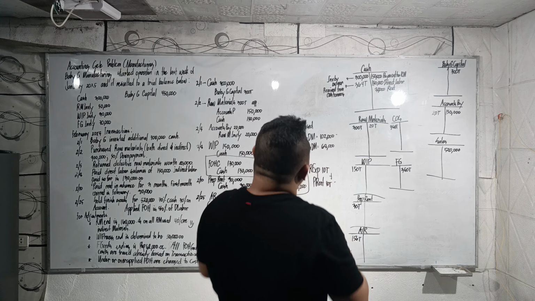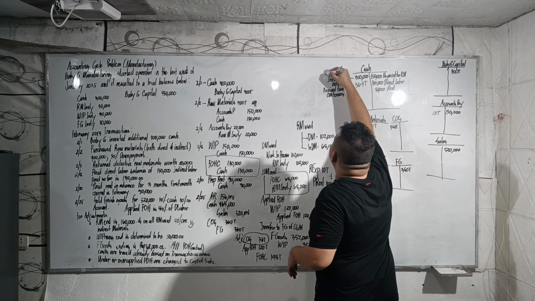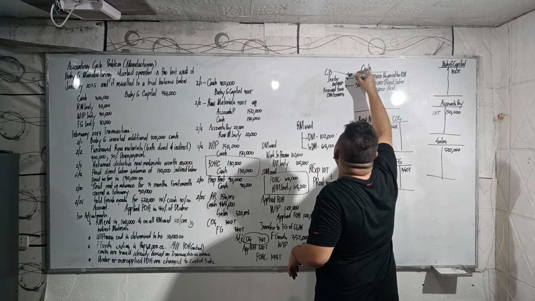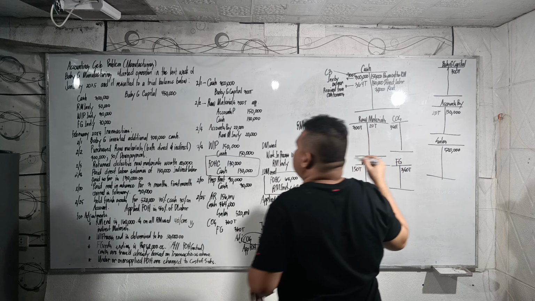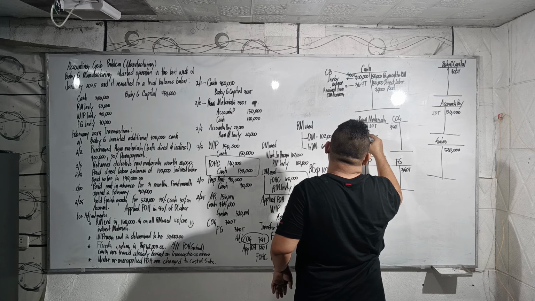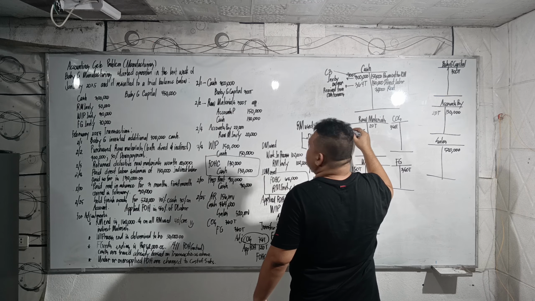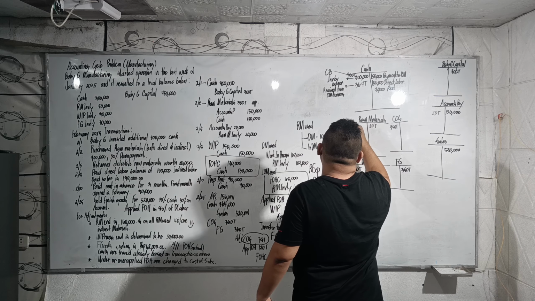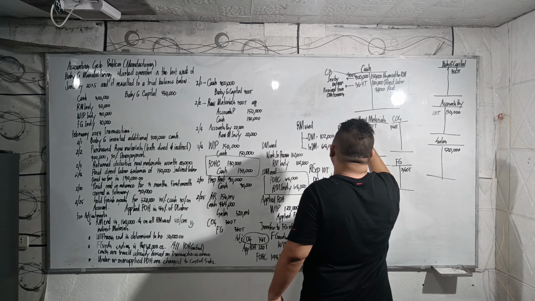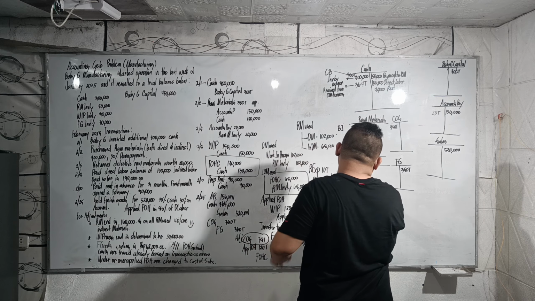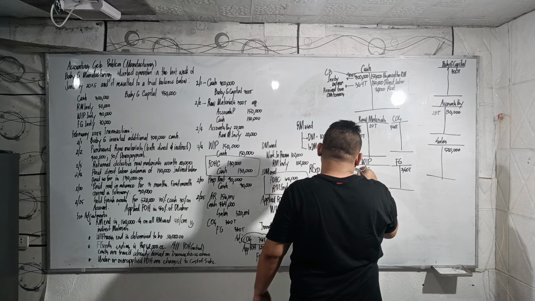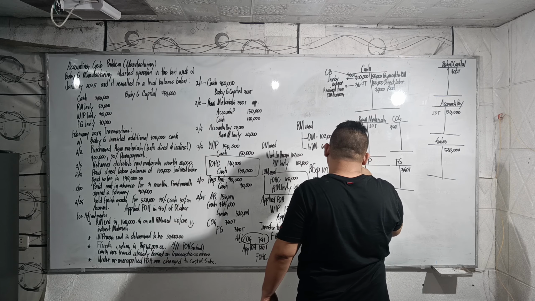Okay? Let's post that. We have cash beginning, 300,000. I forgot. The raw materials inventory, we put the 300,000 here below. Let's put 50,000 as the beginning raw materials inventory. And then the work in process inventory, this 150. Let's move it downwards. We have to put the 30,000 beginning inventory still.